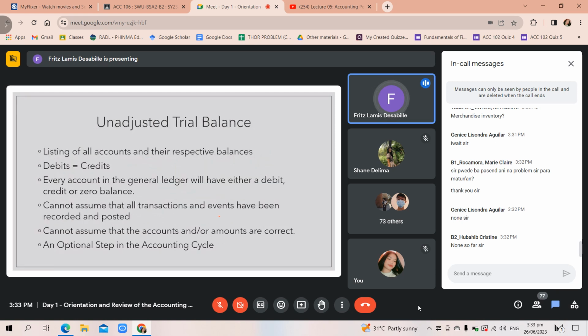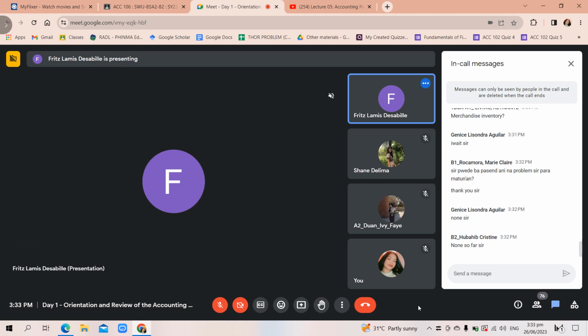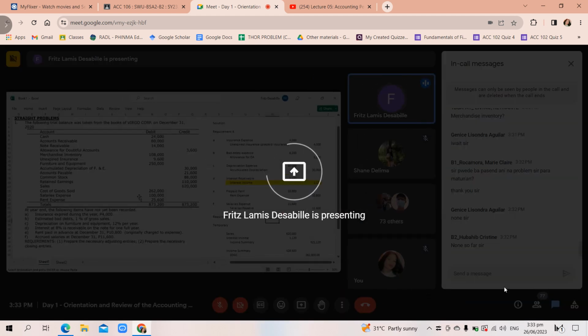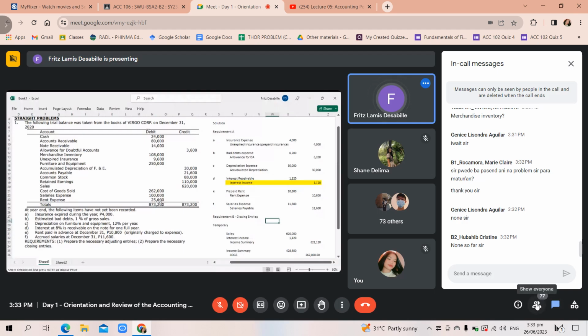The important thing here, guys, to learn for the trial balance, is that when we do a trial balance, same as in the problem we showed earlier, the accounts are laid out from cash until the expenses, with debits and credits. Did you notice that the debit is equal to the credit?